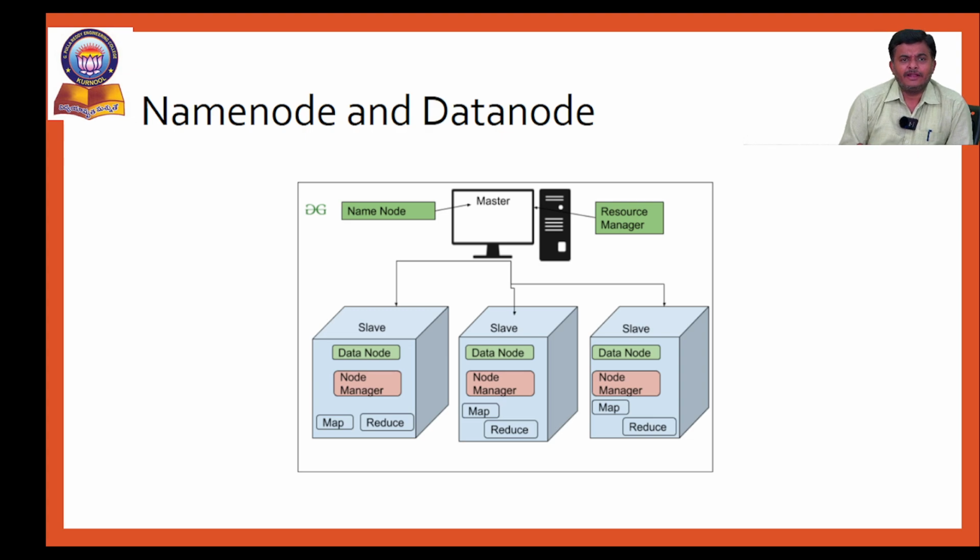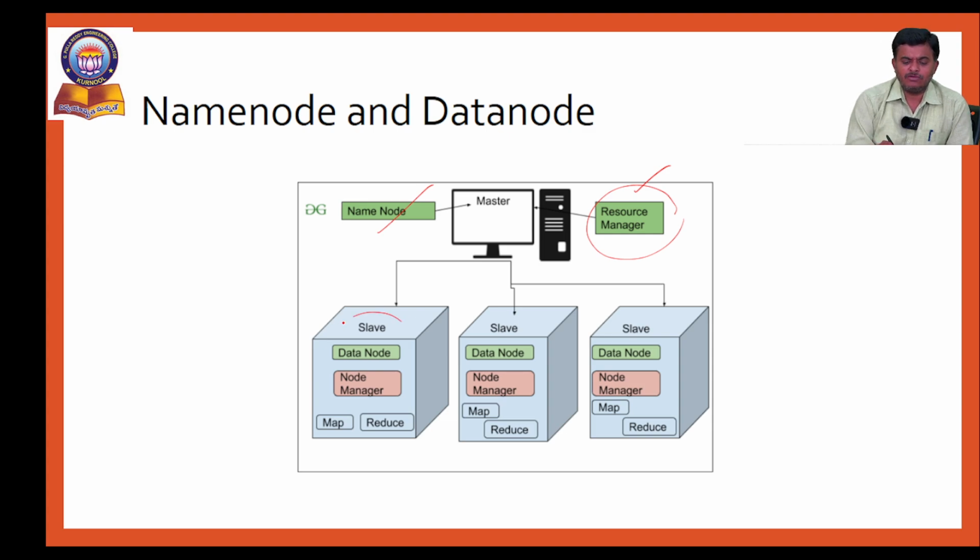Next, name node and data node. This is the name node, which we call the master, which works based on the resource manager. It is responsible for maintaining all the resources in the HDFS cluster.